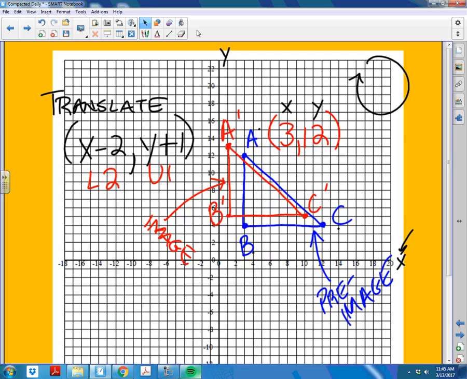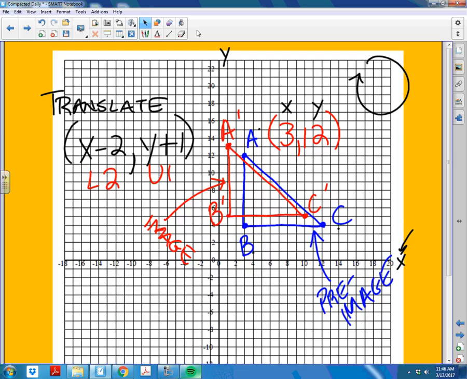It's just called the image because it's like the reflection. It's what's happened after the move. And they do test that a lot on the 8th grade test. They'll give you the image and the translation and say find the pre-image. If they give you the image and the translation, what must you do to find the pre-image, Nolan? You must work backwards because it's already been moved.